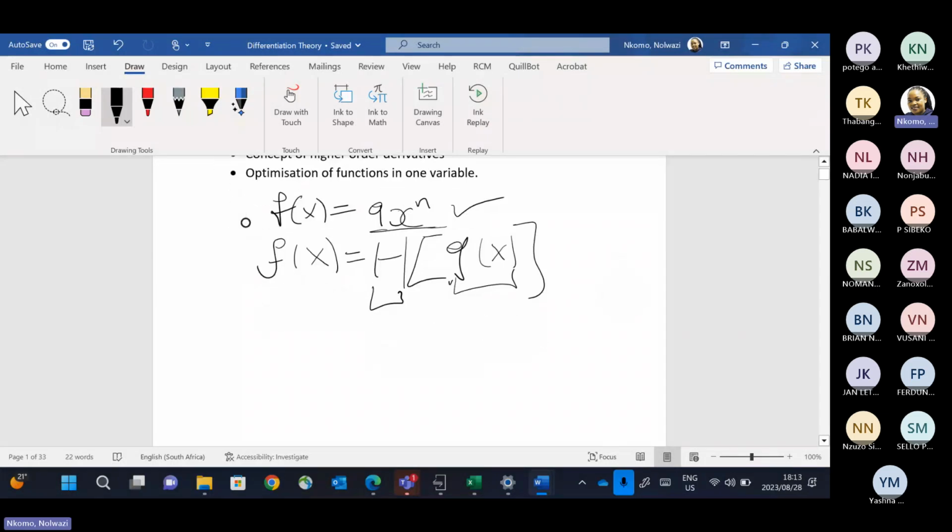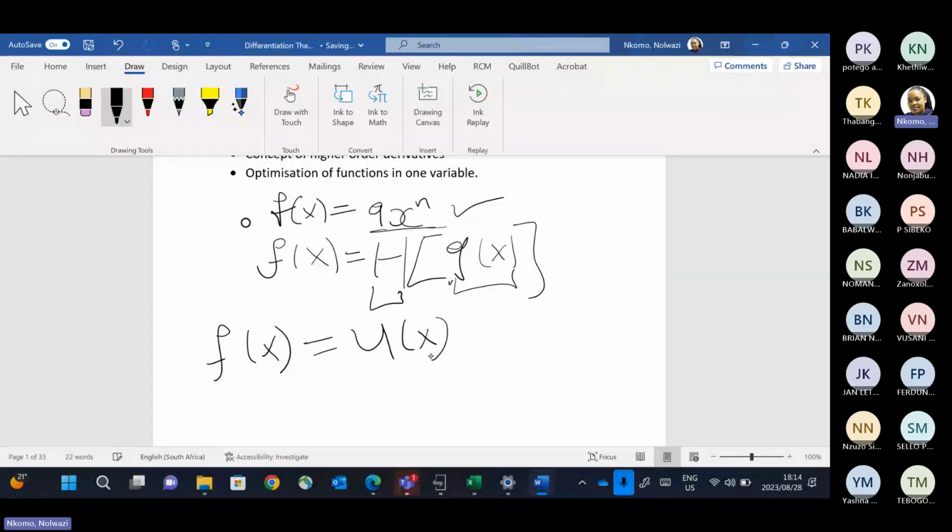Suppose you are given a function as a product of two functions. For example, you are given a function f, and f consists of two functions, u at x times v at x. If you are asked to differentiate it, you need to use the product rule.